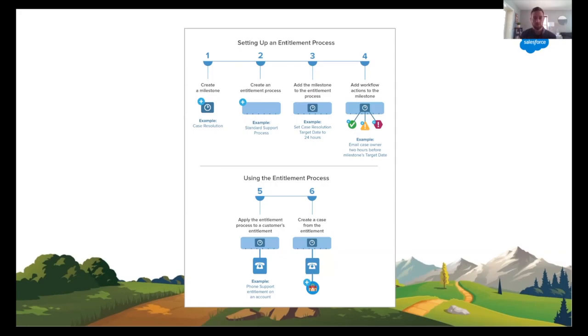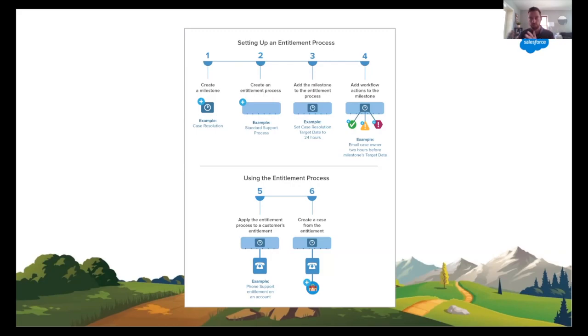And then when we look into using them, so we apply the entitlements process to a customer's entitlement. So that standard 1-year support, now we just assign this entitlement process instead of just a basic, hey, you have the 1-year support. Now this is our standard phone support with this different criteria, different timing based on different things.